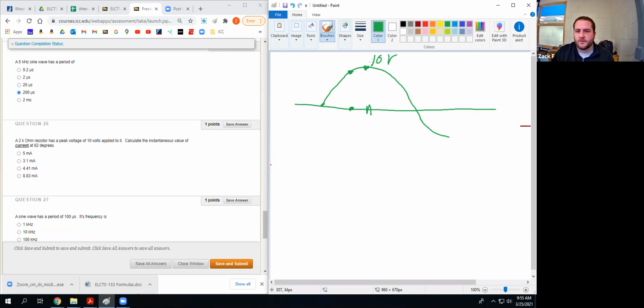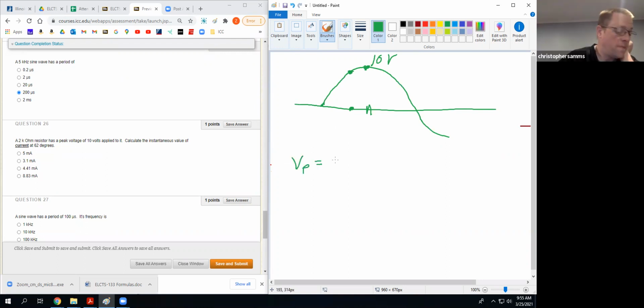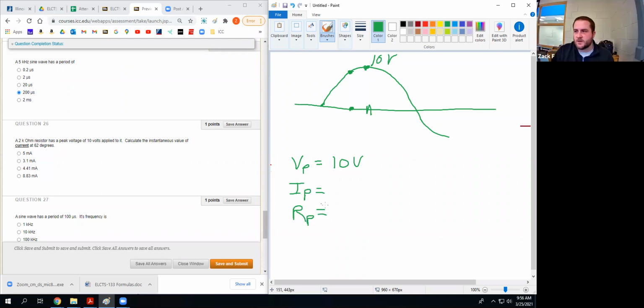I guess we need to find current, right? So what would the current be at peak? 5 milliamps. What's the resistance at peak? 2,000 ohms. And is that ever going to change throughout this whole sine wave?